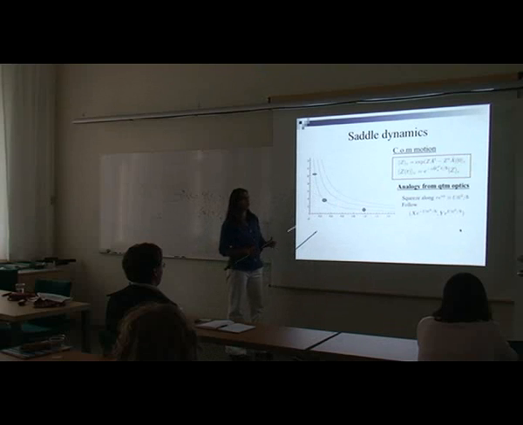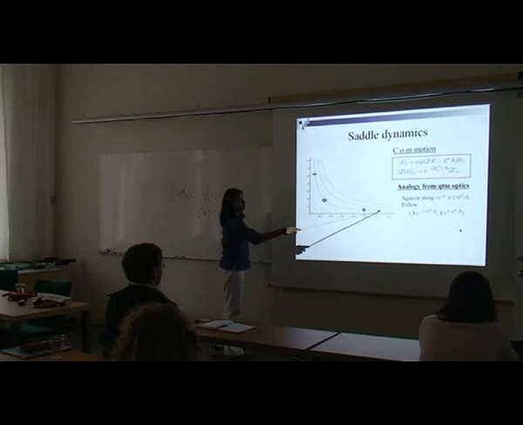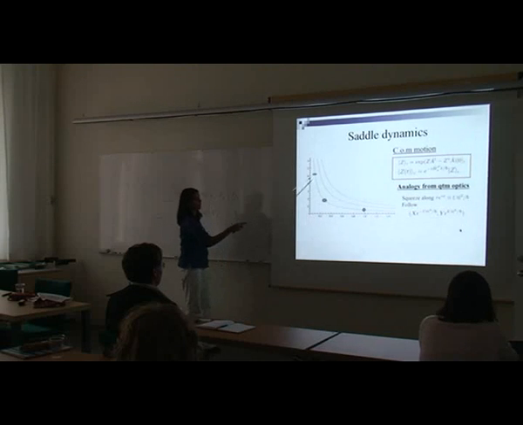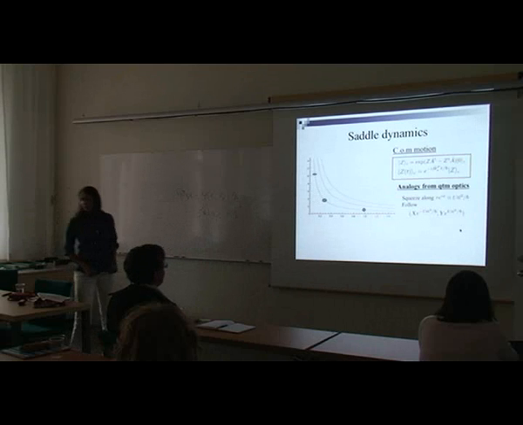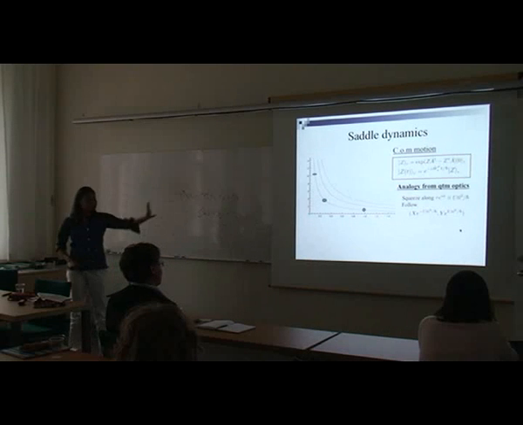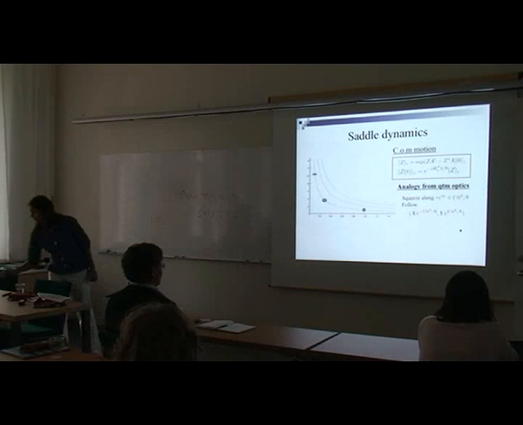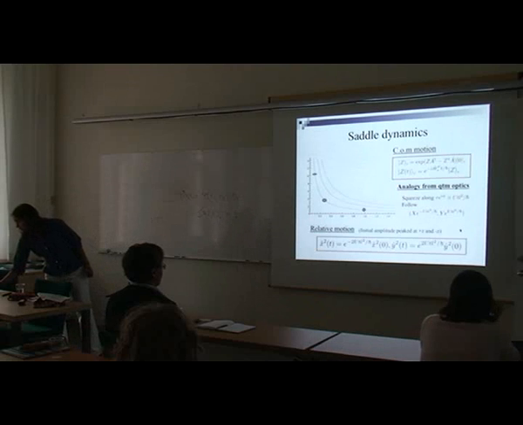Okay, so I won't go into all the details of this, I don't have time for it, but essentially if you were to place a quasi-particle anywhere on the saddle potential, it would go along one of the equipotentials, and as it traveled along, it would also flatten out. So that's the dynamics of it. The center of mass motion does the same thing. It's exactly the same as the single particle physics.